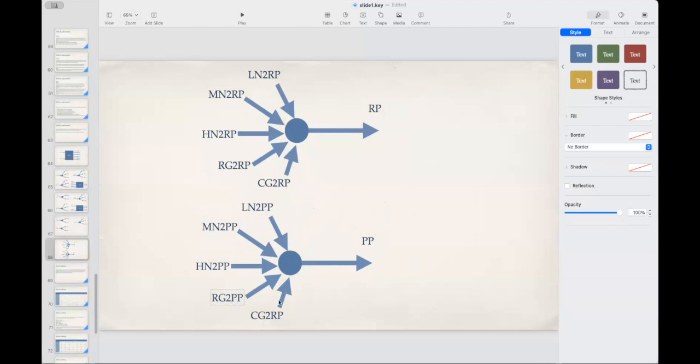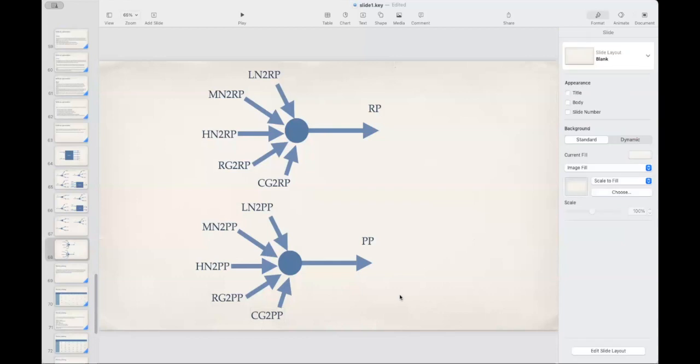This one also PP, RG to PP and CG to PP. Good.